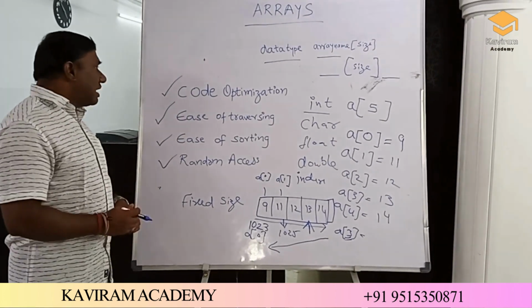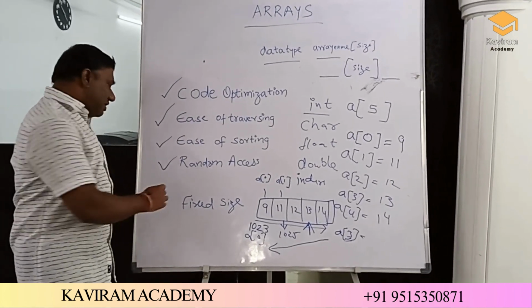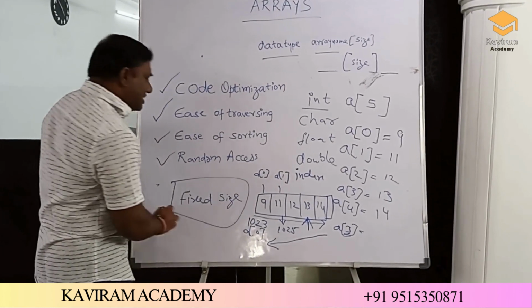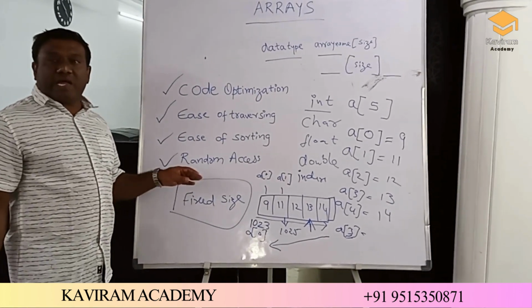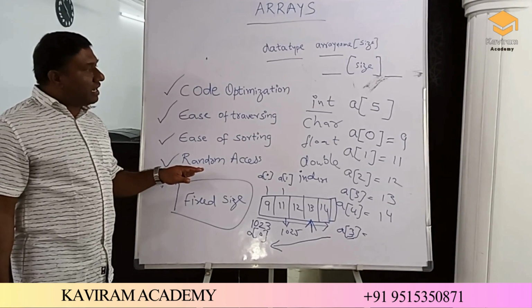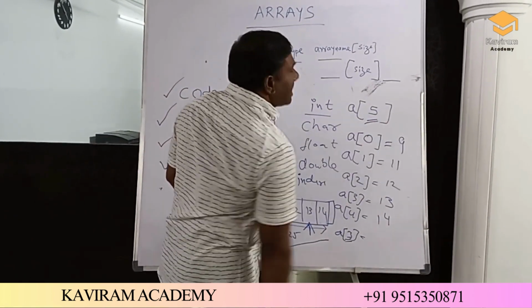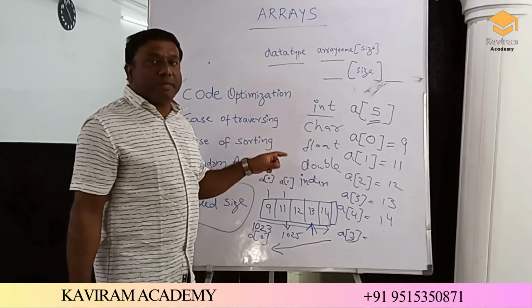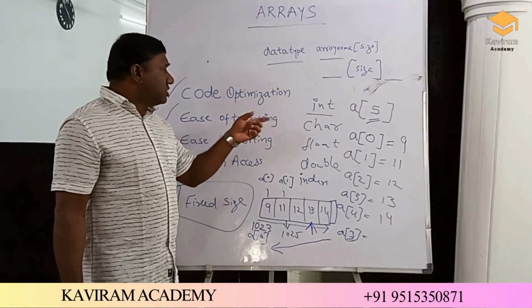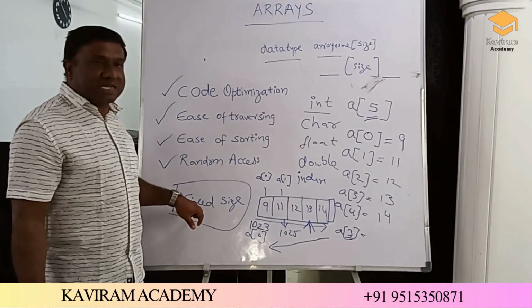And what is the disadvantage of arrays? One disadvantage is the fixed size. Whenever we declare an array, the size should be mentioned, so we can't increase the size after execution. So one of the major disadvantages of using arrays is the fixed size.